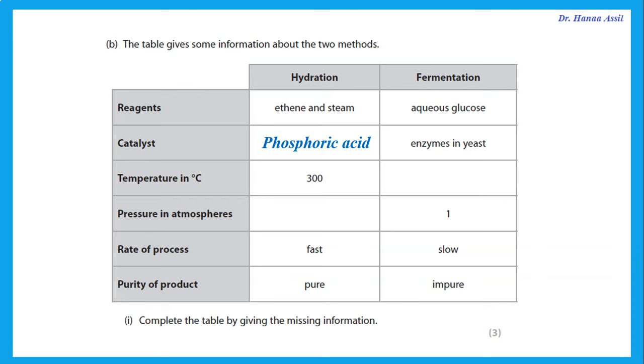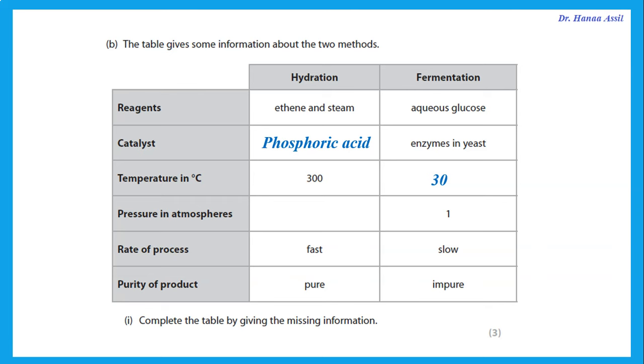Remember, fermentation is when I put glucose in water and then using the enzymes in the yeast, and we said yeast has enzymes called zymase, and that acts as a catalyst for fermentation. We do fermentation at what temperature? Around 30, you can say 35, around room temperature, just slightly over room temperature.